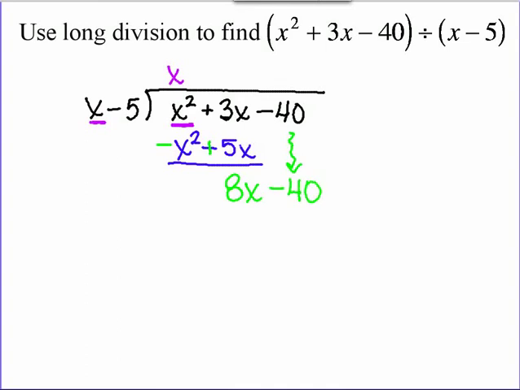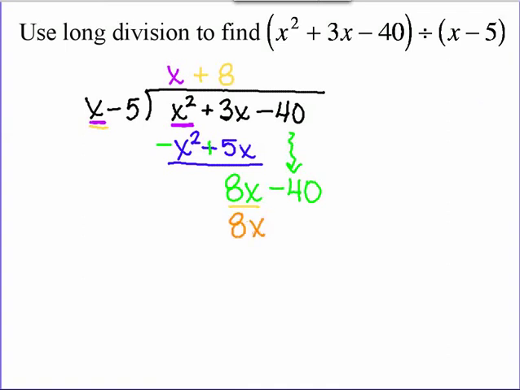Now what we're going to do is we're going to do this the exact same way I started with. Okay? I'm going to see how many times does x go into 8x? Or what times x will give me 8x? 8. So, I'm going to put the number up here. And then what am I going to do? I'm going to take 8 times x, and I get 8x.